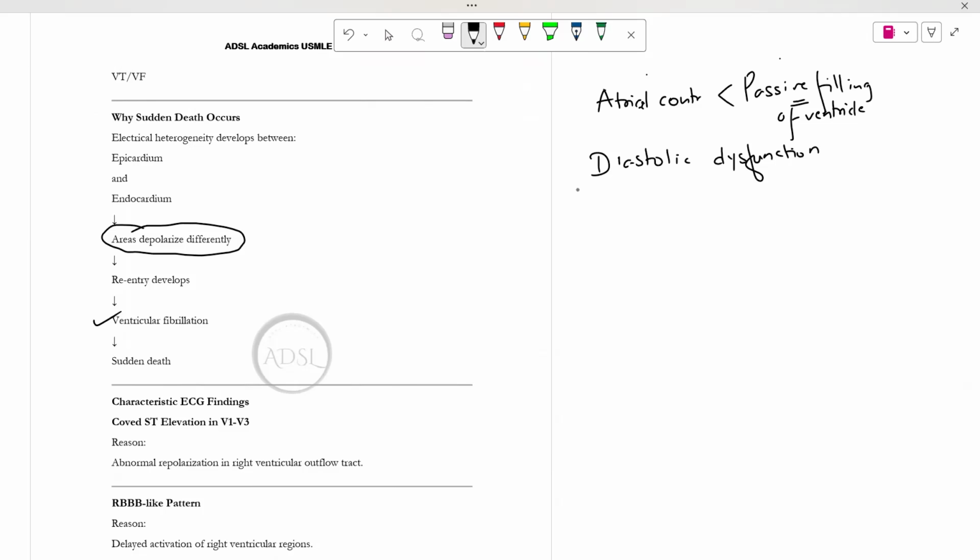But on the other hand, if there is ventricular fibrillation, which means the ventricle is not contracting properly, now what is going to happen? This ventricle has to really contract properly and give blood into the aorta. Now, if that is not happening, then the body is not getting blood, the brain is not getting blood, even the heart is not getting blood.